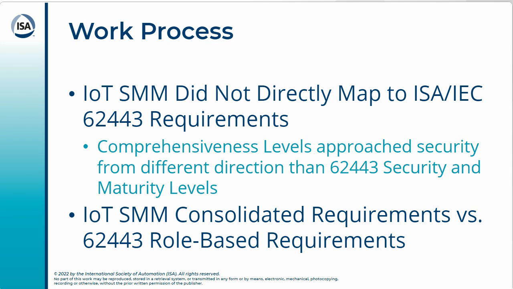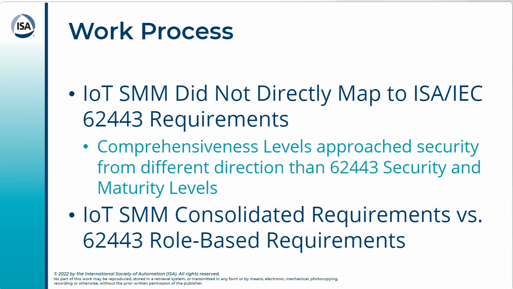So what it meant is that we had to go requirement by requirement, and even get into the comprehensiveness levels for each one of the 62443 requirements. It meant a fairly intensive effort to do that many-to-many mapping. What we basically did is we took a look at the requirements within 62443.